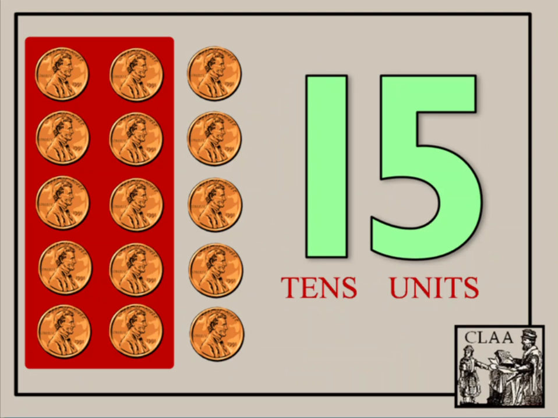You can see on this screen that the number 15 is made up of one set of 10 and 5 units. If we write a 1 in the place of tens and 5 for the units, we write the number 15. 10 and 5 makes 15.